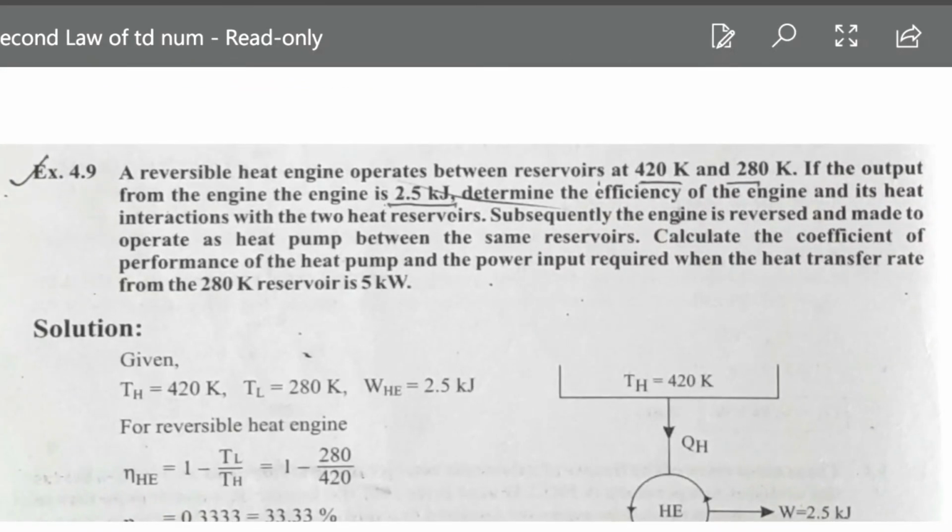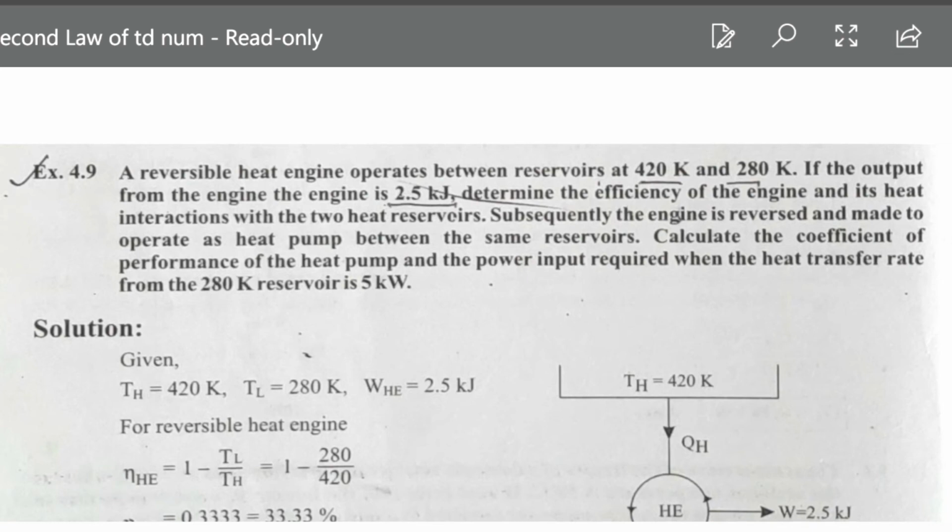Okay, so this is the problem. Now given data, source temperature is 420 Kelvin and sink temperature is 280 Kelvin. All temperatures are in Kelvin, so no need to change them. Work done of heat engine is 2.5 kilojoule.